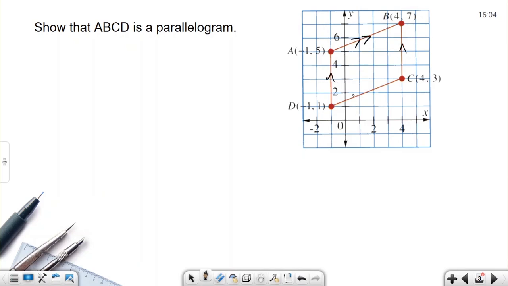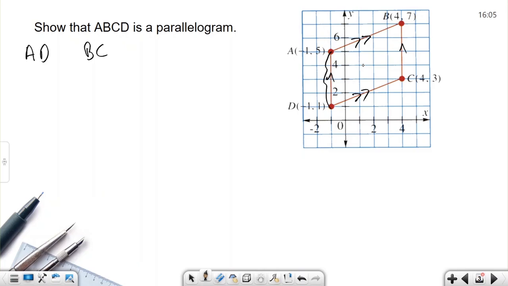So I need to calculate the slope of the lines. For example, that line is AD, so I need to calculate the slope of AD and the slope of BC. If these two lines have the same slope, I can say they are parallel.